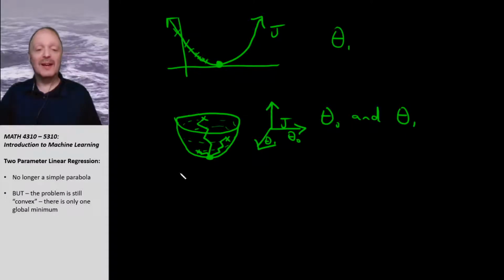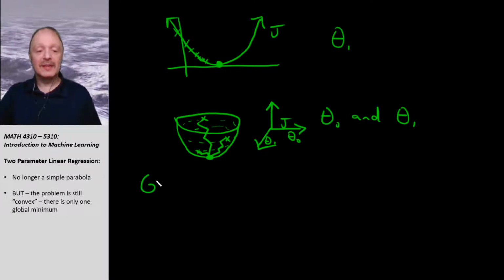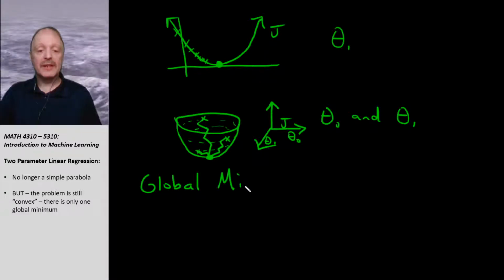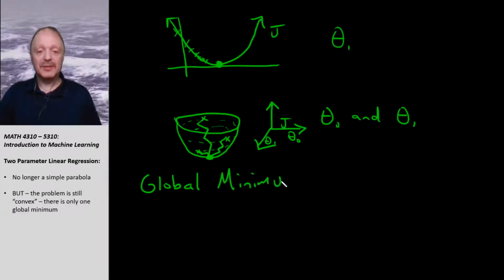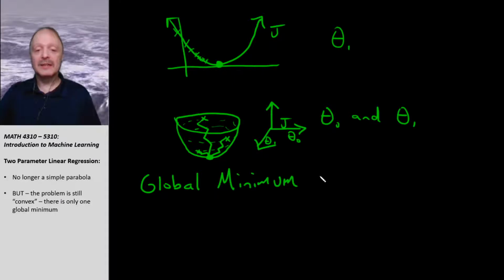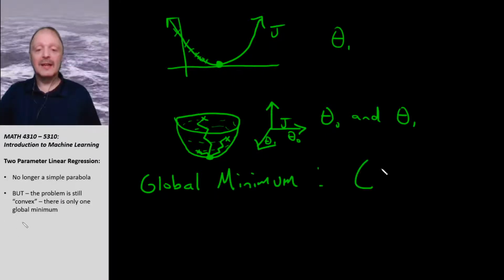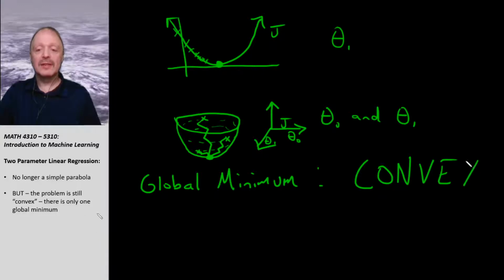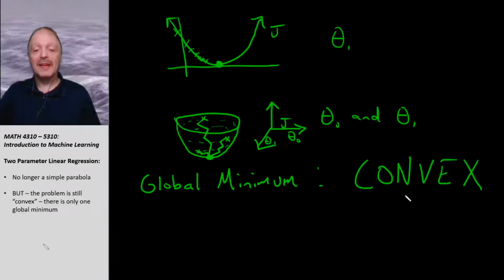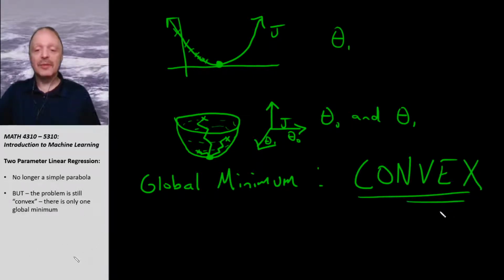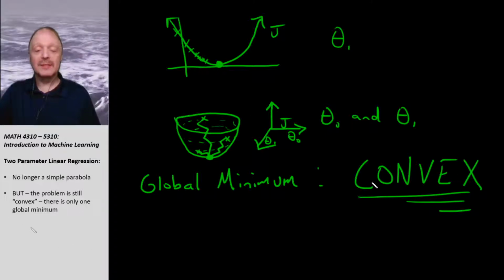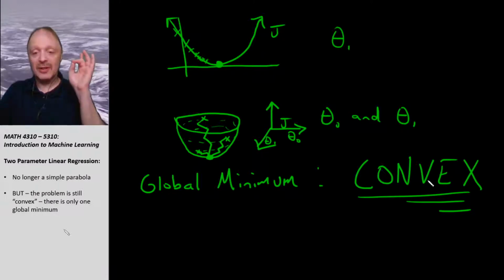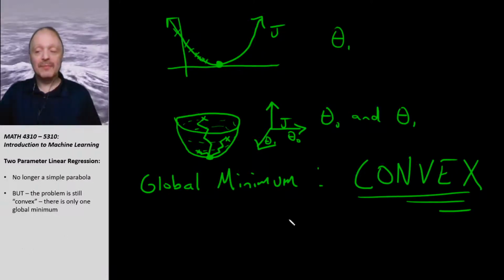That property of having a global minimum that you are guaranteed to hit, given enough time and the right step size, is what's referred to as a convex problem. This is what you want. You want something that's convex because no matter what your initial starting conditions are, it will reach the global minimum.